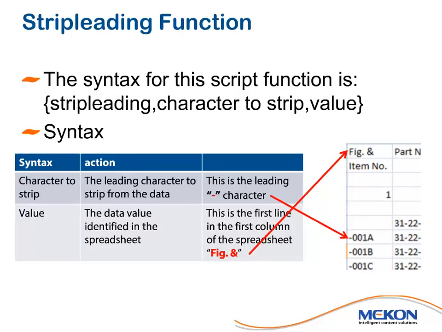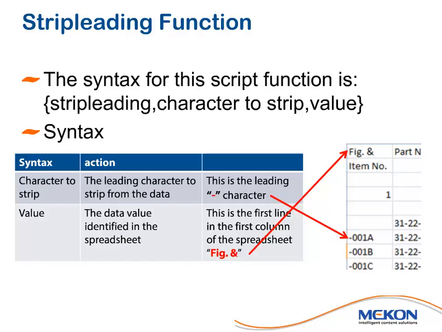Here we have the syntax for this item number that we're particularly after. You can see that on the right hand side we've got the columns indicated and the text indicated. What we're trying to do here is to strip the leading hyphen out. That's the bit of information which indicates that in fact that item number has been illustrated, and in the DTD that piece of information is located in another element altogether.